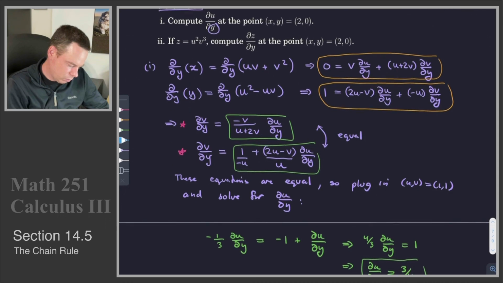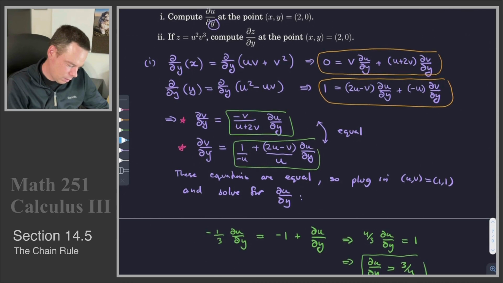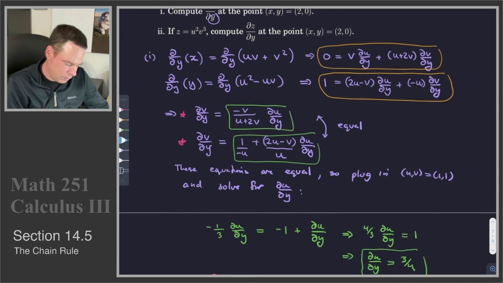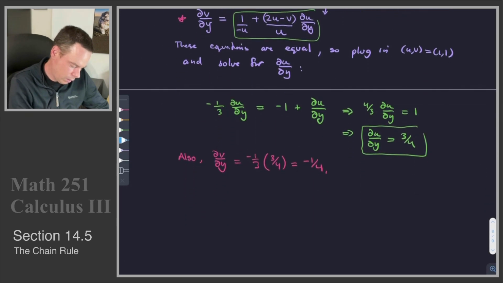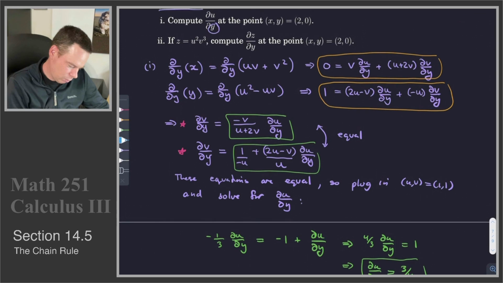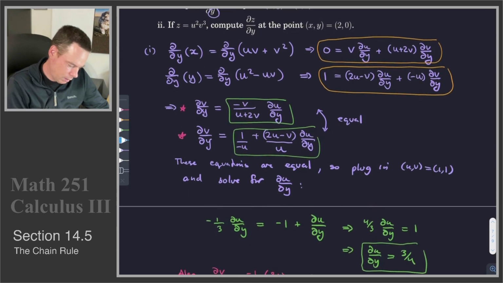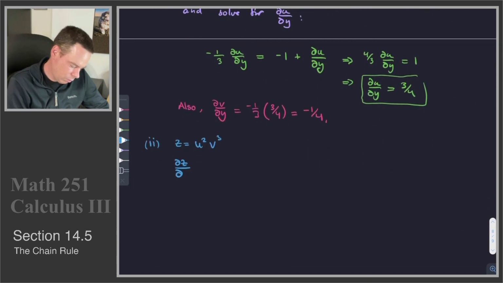If z is equal to u squared v cubed, compute the derivative of z with respect to y at the point in question. So z is u squared v cubed. And so the partial derivative of z with respect to, let's double check, what are we differentiating with respect to? With respect to y at the point (x, y) equals (2, 0).